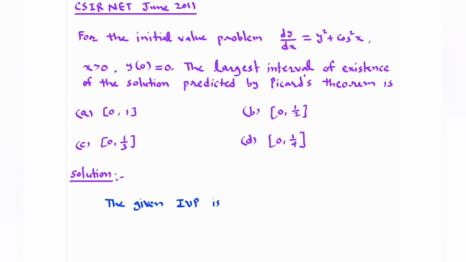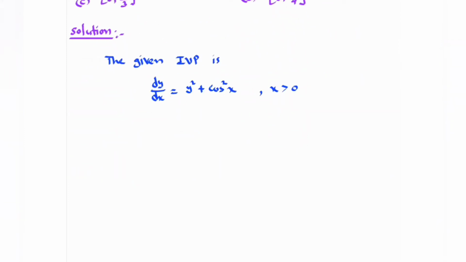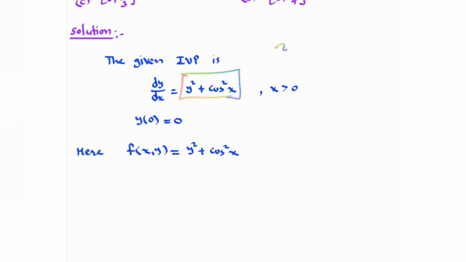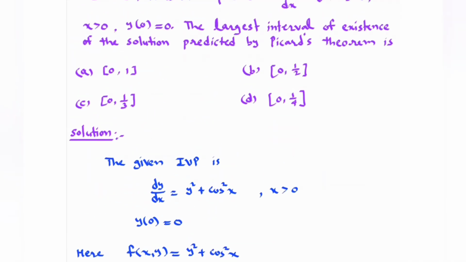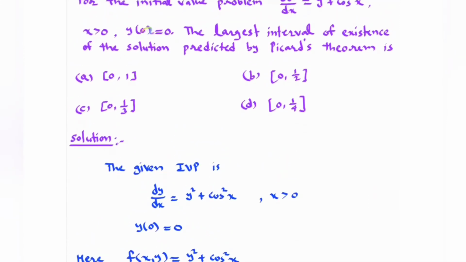So the given initial value problem is this, subject to the condition y(0) = 0. Here when we compare it with dy/dx = f(x,y), this is our f(x,y). So f(x,y) = y² + cos²x, and here the domain is not given, so we will assume x0 value is 0 and y0 value is 0.